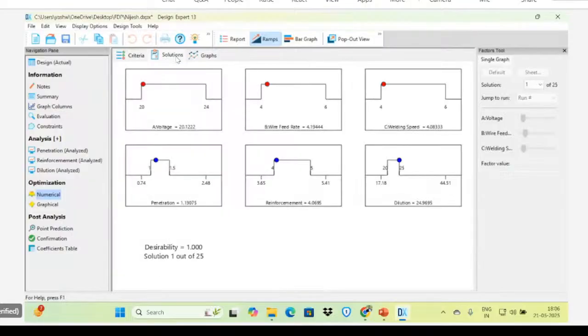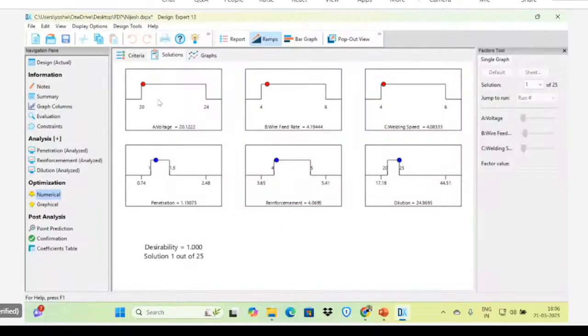So the software has given us the optimum result, where desirability is 1, that is 100%, and it has given 25 solutions. The first solution is this.